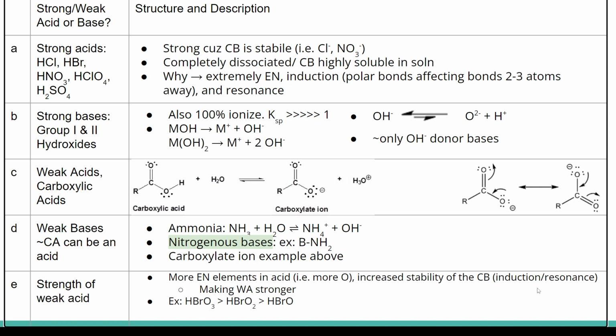And so because of resonance with the oxygens as well as induction, that will make the BrO3 minus more stable as an ion in solution versus BrO2 minus versus BrO minus. So it depends on the amount of electronegative elements, the strong ones as they were.